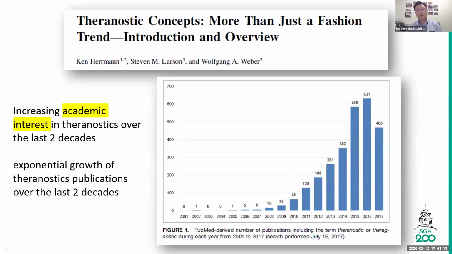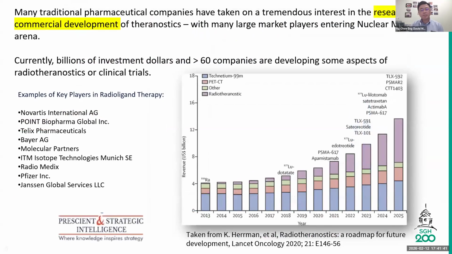There's some question whether theranostic is just a fad or fashion. But if you look at the academic interest over the last 2 decades, you can see the publication is exponential growth, and in fact, this paper only stops at 2017. If you look at the commercial interest in theranostics, many traditional pharmaceutical companies have taken on a tremendous interest in research and commercial development, with many large market players entering the nuclear medicine arena, which is very unusual if you think about 30 years ago.